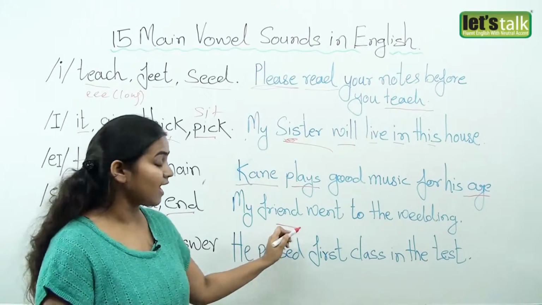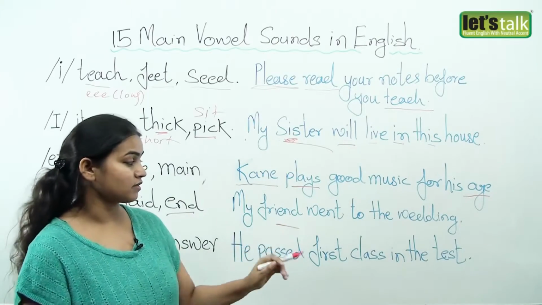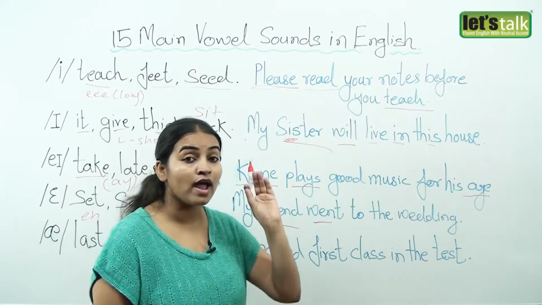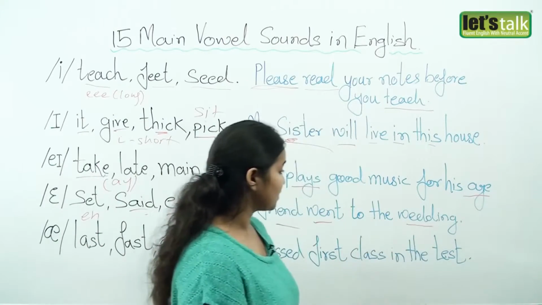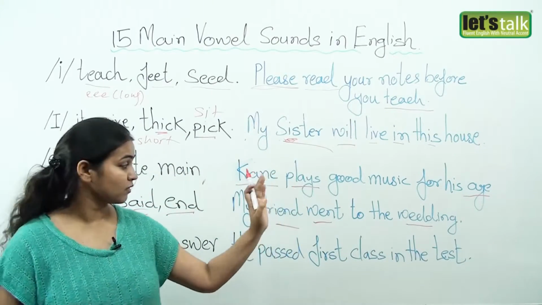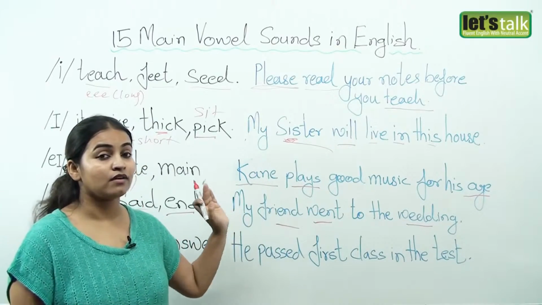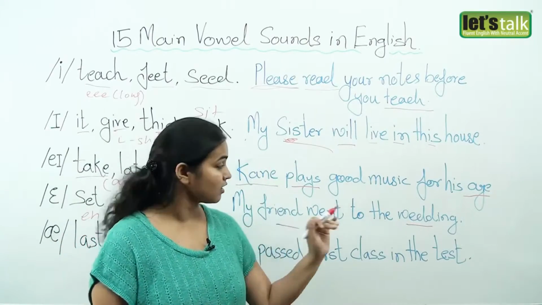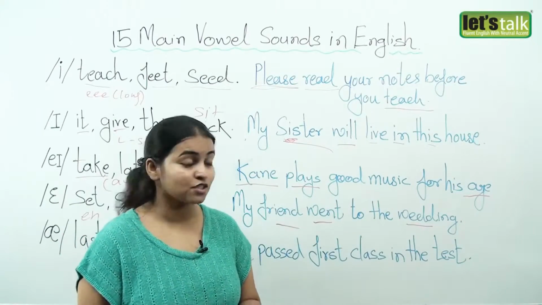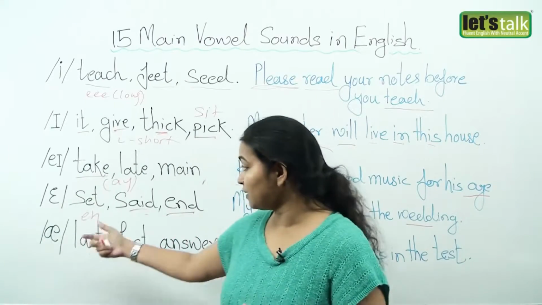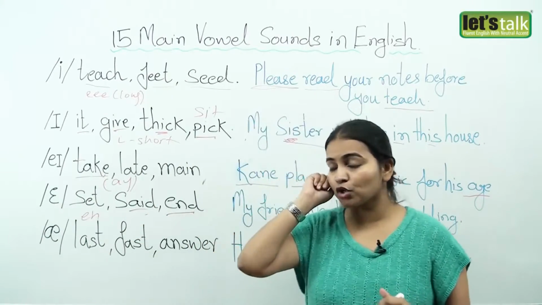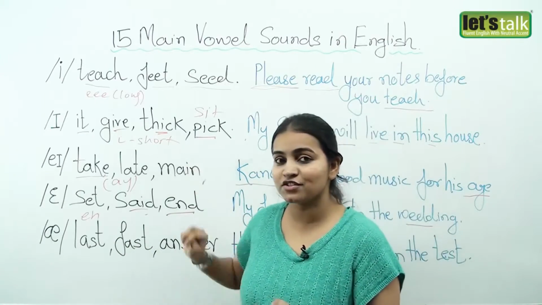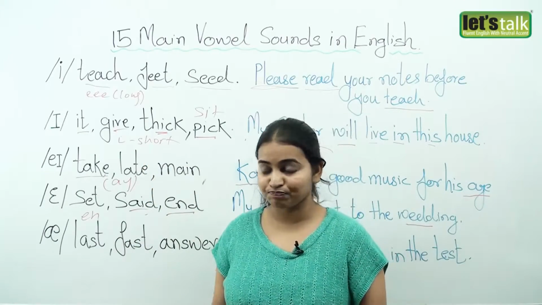Eh, end, eh, went, to the wedding, that's right. So my friend, the eh sound, went, to the wedding. That's right. So this is the symbol and the sound you've got to identify. The eh sound, which is very different from the A sound or the short I sound.